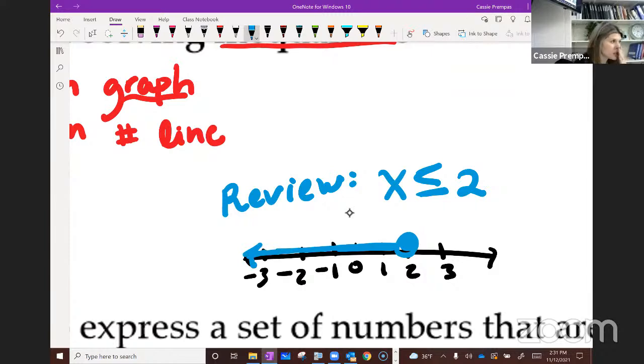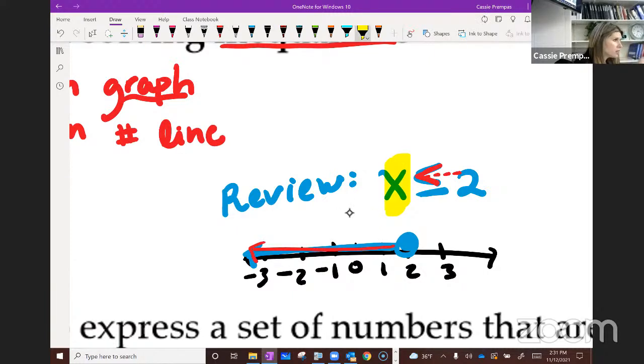Now, if you're ever unsure, you can actually use that symbol as a pointer. It's actually pointing to which direction you should shade. So for example, if I'm looking at this as an arrowhead, and if I draw dash symbols, that arrow is pointing that it should shade in this direction. That always works as long as your variable is on the left.